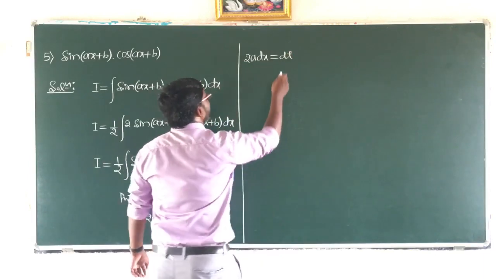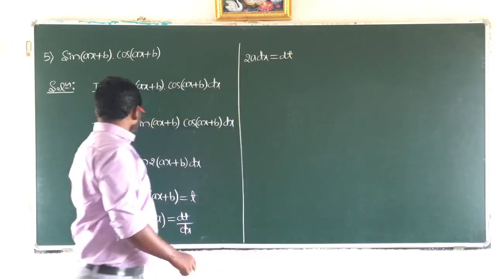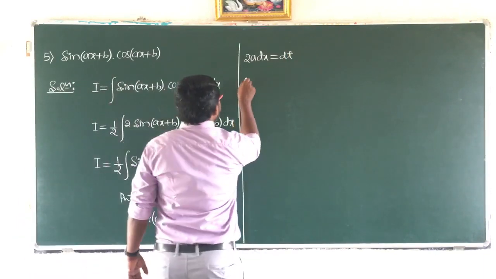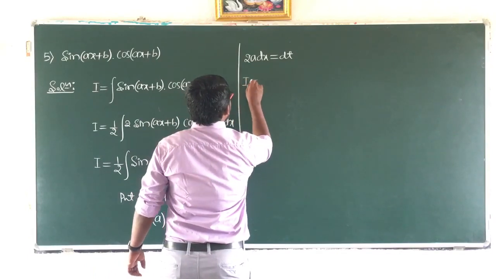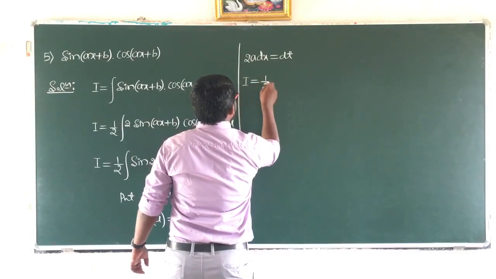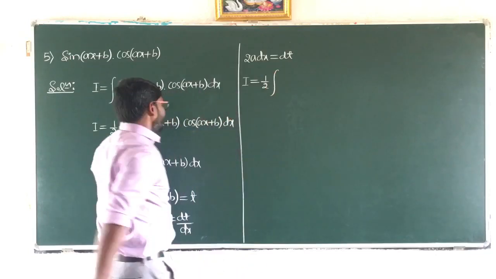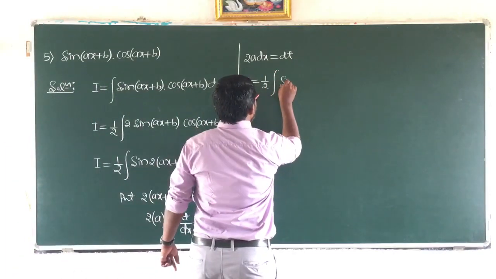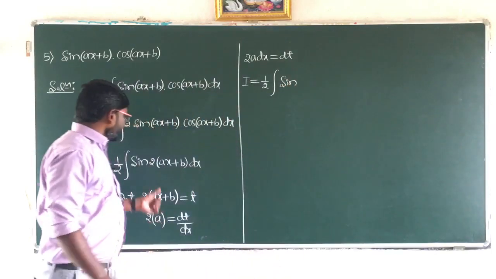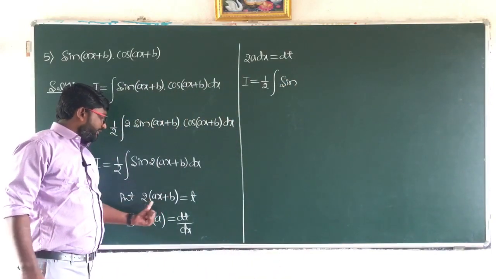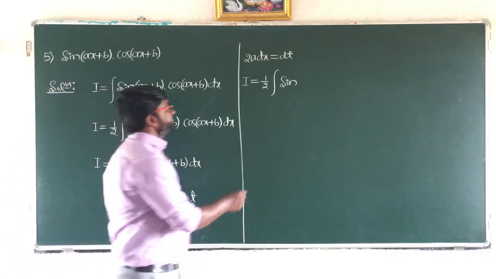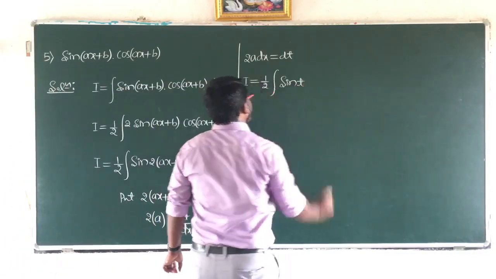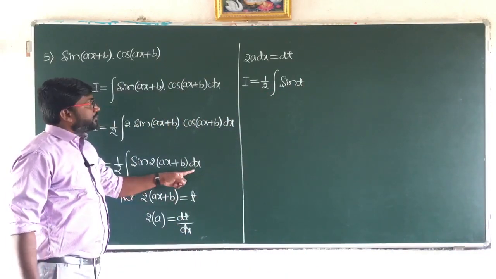So we have to rewrite the integral now. So let us rewrite this. I is equal to 1 by 2 outside, I write it as it is, then integral sin, write it as it is. Then what is this now? 2 into ax plus b, it is t. Then dx. What about dx now?